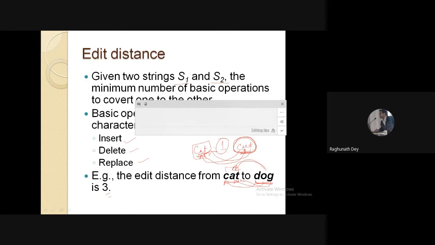If the distance between these two words is very less, I can assume that the correct word is cat instead of cut, because cut is not present in your corpus, it is not existing in your database. That is why you found that the correct term is cat by the help of this edit distance.